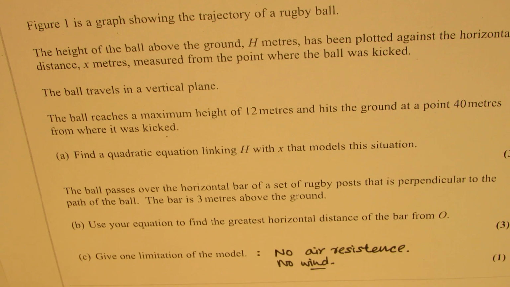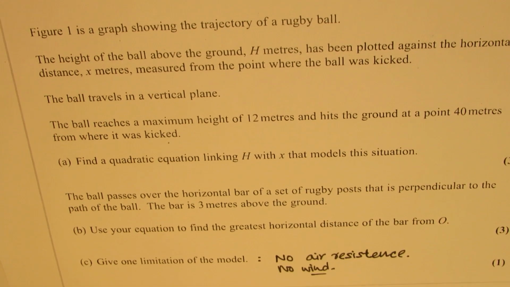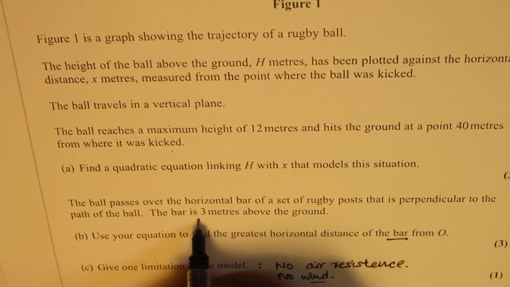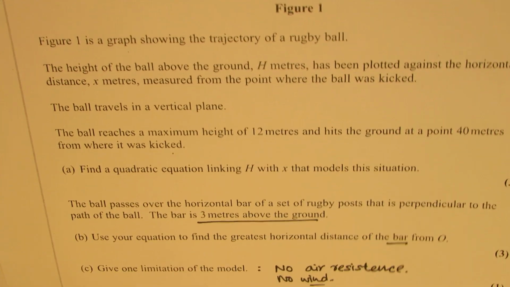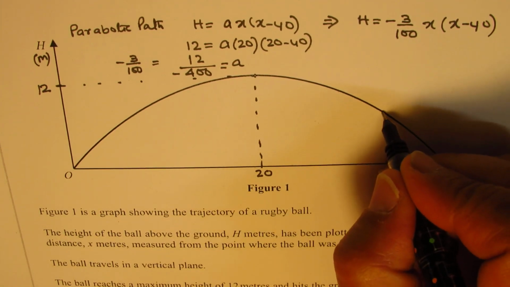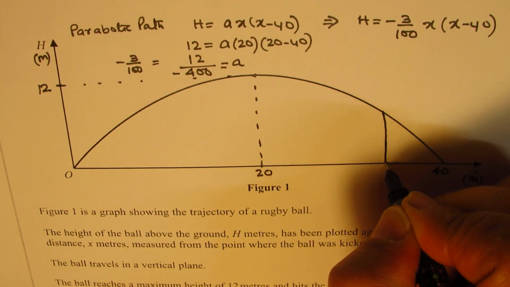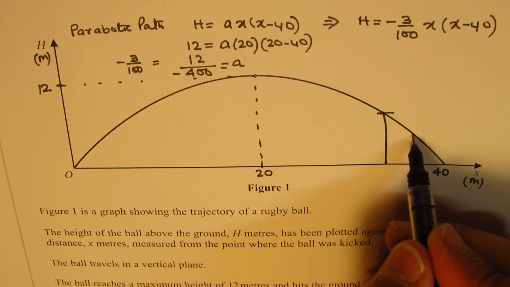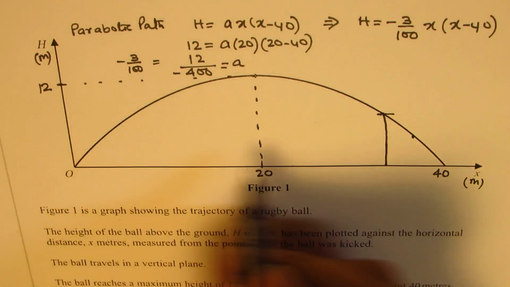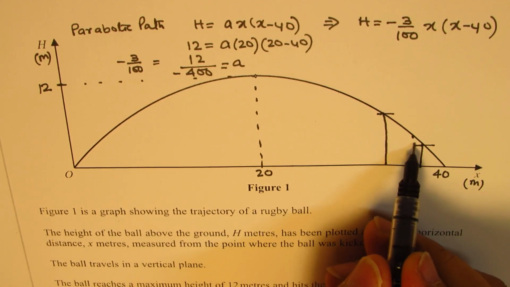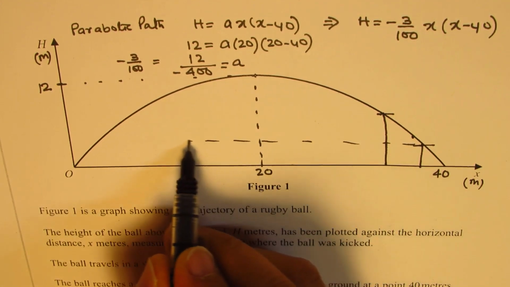Now let's look into finding the greatest horizontal distance for the bar. The bar is 3 meters above the ground. So basically what we are saying here is that somewhere here it cleared the bar, and this height is 3 meters.